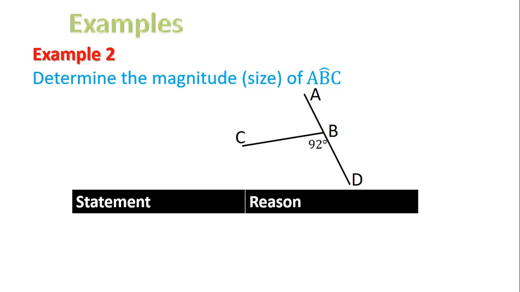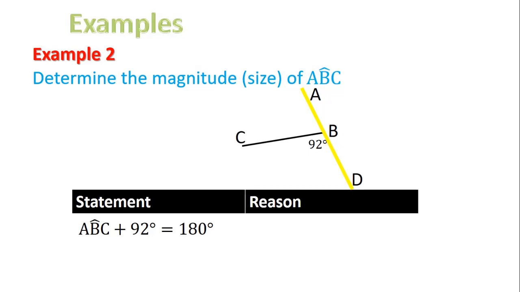Now we use our straight line test for want of a better name. We have here a straight line and we know that any angles on the straight line will add up to 180 degrees. Therefore my statement is angle ABC plus 92 degrees will equal 180 degrees.